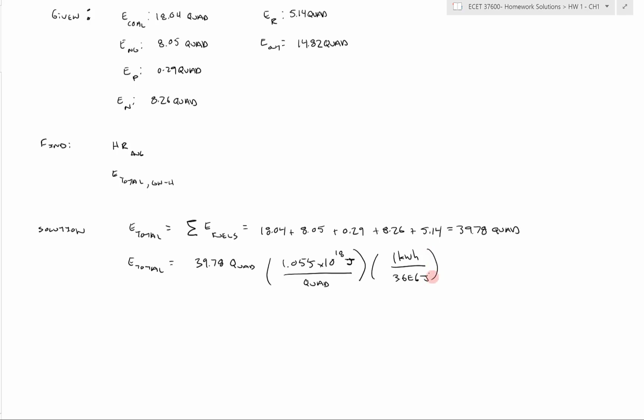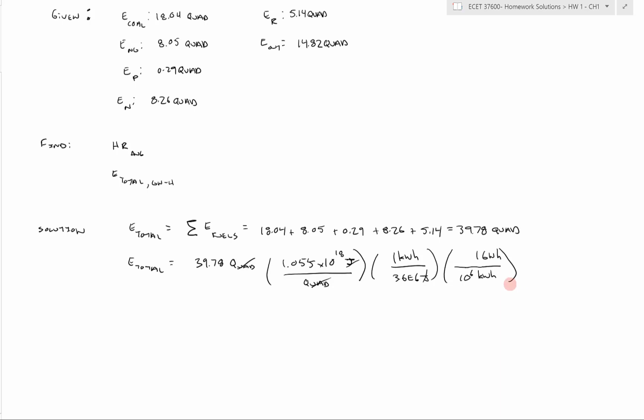So you can see now quads cancel and joules cancel. That's going to leave me with kilowatt hours. I'm getting closer, but I want to be in gigawatt hours here. So I'm going to say, well, I got a kilowatt hour here, 1 kilowatt hour. Down here, there's 10 to the minus 6 gigawatt hours per kilowatt hour, or you could write it as 10 to the 6 kWh per 1 gigawatt hour, right?